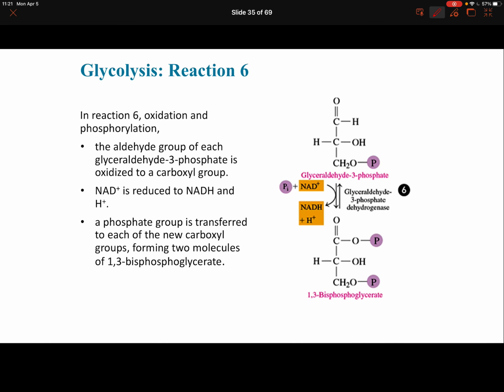So trioses move on to reaction 6. The aldehyde group of glyceraldehyde 3-phosphate is oxidized to a carboxyl group, and it's oxidized by NAD, which makes NADH. A new phosphate group is transferred to each of these carboxyl groups, forming 1,3-bisphosphoglycerate.